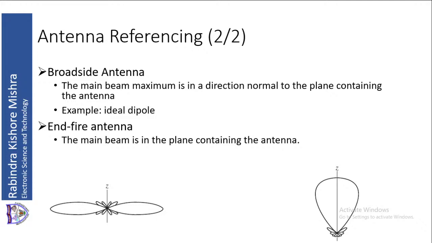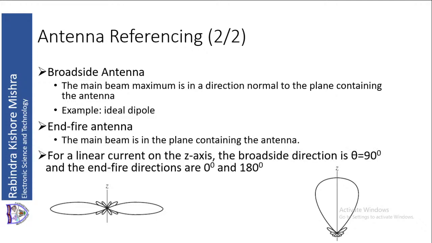So we have two types of antenna: one is broadside, the other is end fire. These are the two extremes. One has beam maxima perpendicular to the antenna, the other has beam maxima parallel to the antenna, along the antenna.